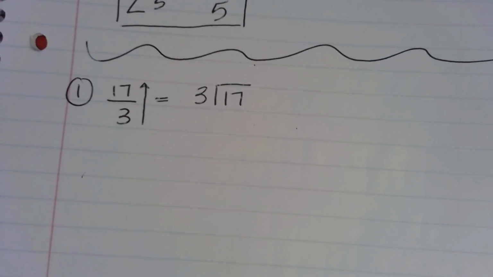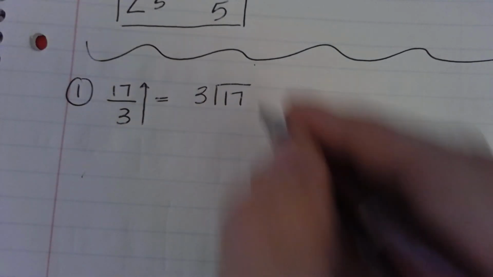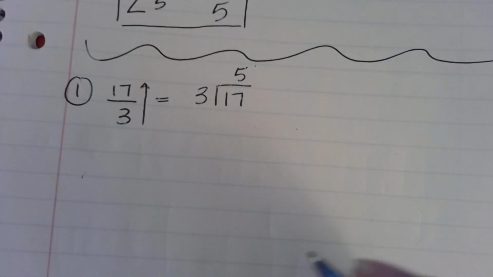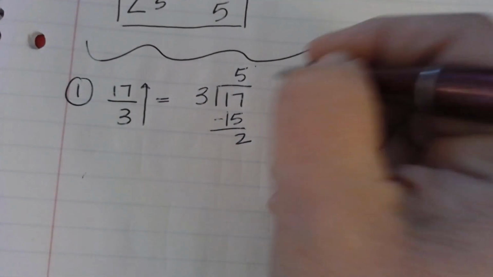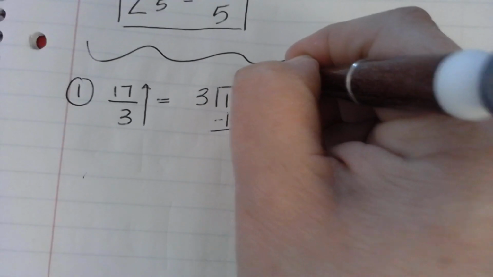How many times can I fit 3 into 17? Eden? 5 times. So I divide, then I multiply. 3 times 5 is 15, and I subtract, leaving me with 5 remainder 2.